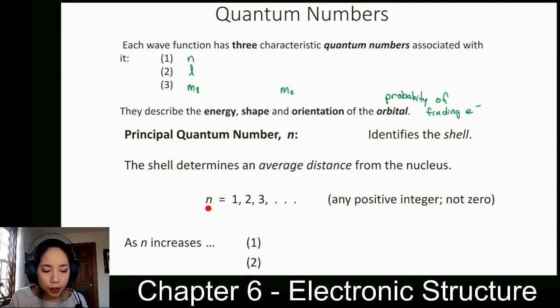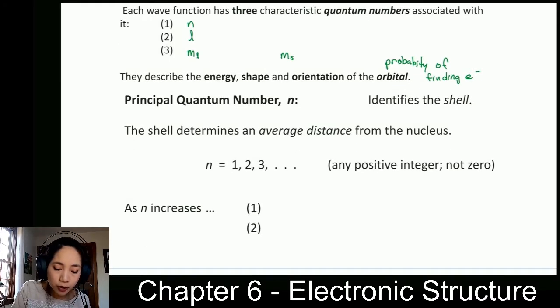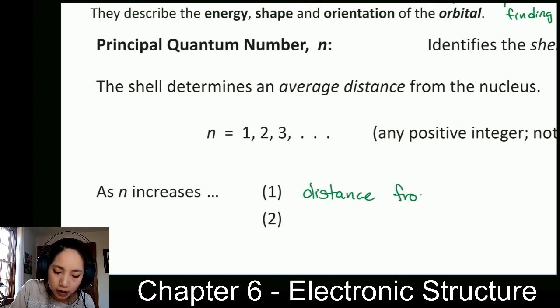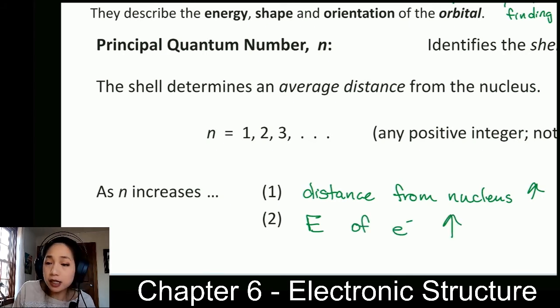So n, our principal quantum number, can be 1, 2, 3, 4, 5, 6, 7, whatever, and so the shell determines both the average distance from the nucleus and the energy of that electron. So as n increases, distance from nucleus increases, but also energy of the electron increases as well.